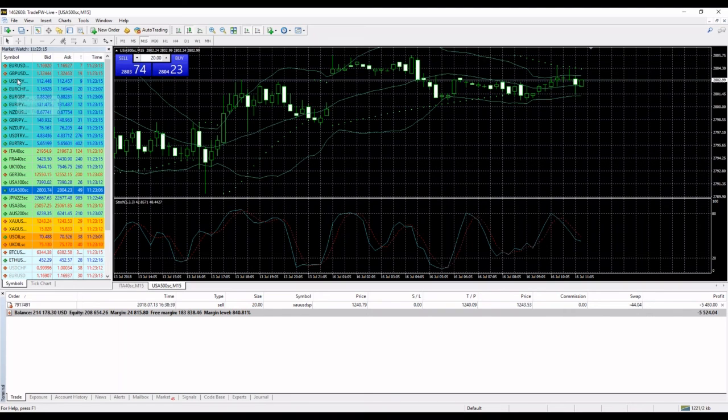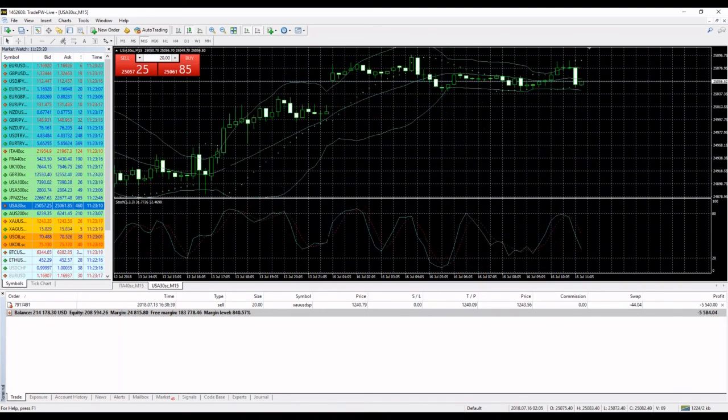Let's see, USA 300. What's going on here? Let's see here the day's trading range. Okay, it's $30. Not bad. Maybe we can do something here.